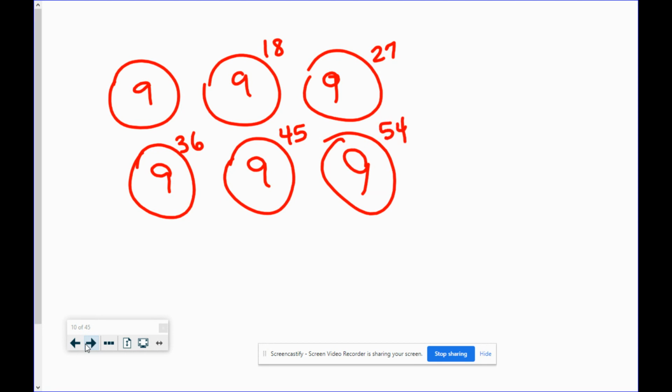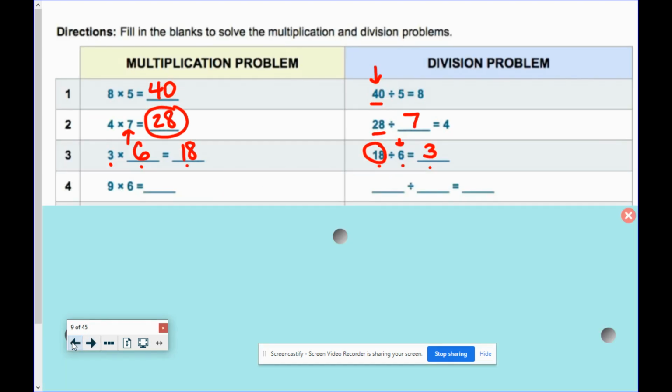So 9 repeatedly added 6 times is 54. And then the division sentence we can make from that, we're always going to take that total and start the division sentence with that. 54 divided by 6 equals 9.